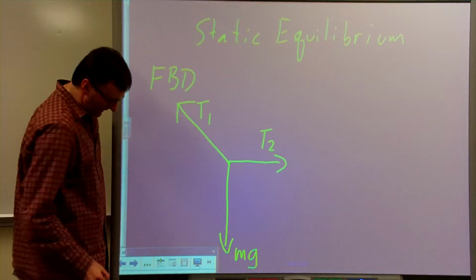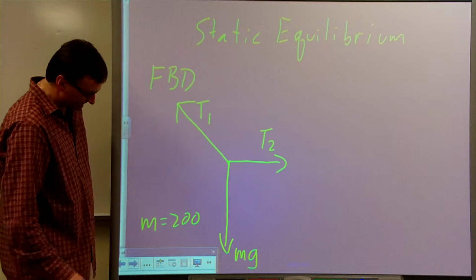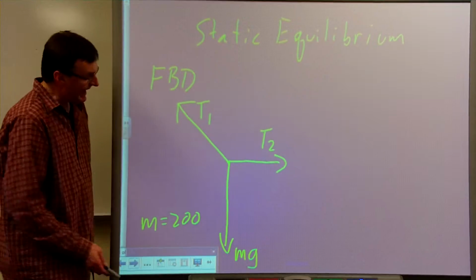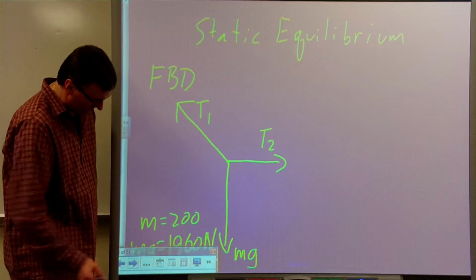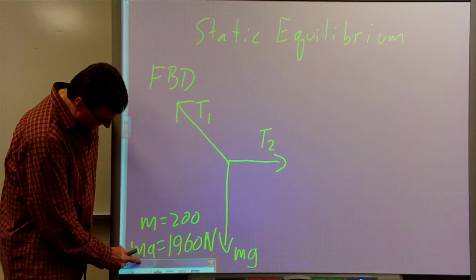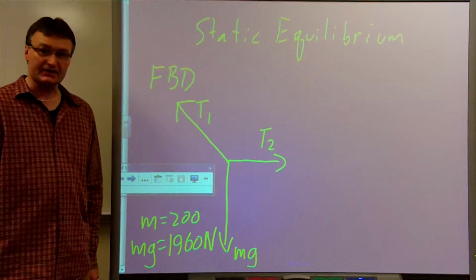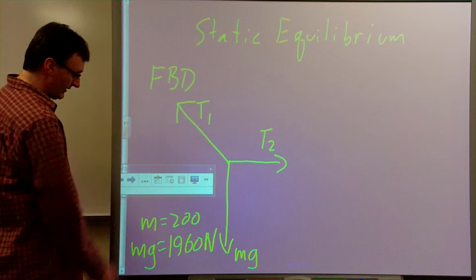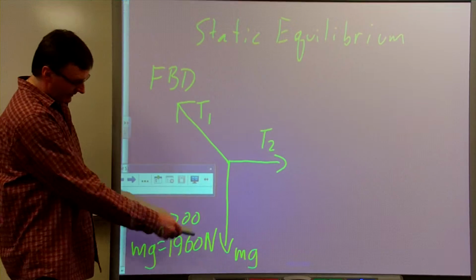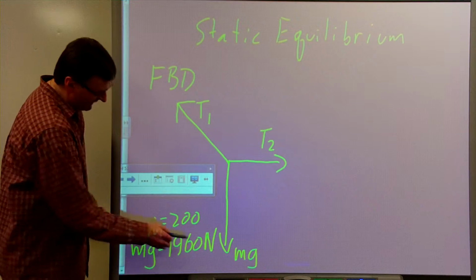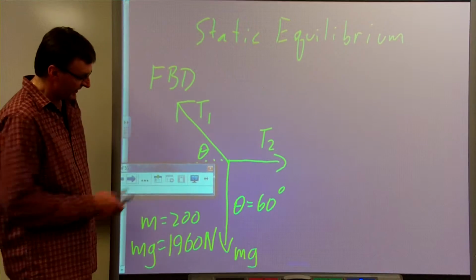This would be the weight of the chandelier. They've given us the mass of the chandelier as 200 kilograms, and so that translates into a force of 1,960 newtons. So 200 kilograms means a force mg of 1,960 newtons.